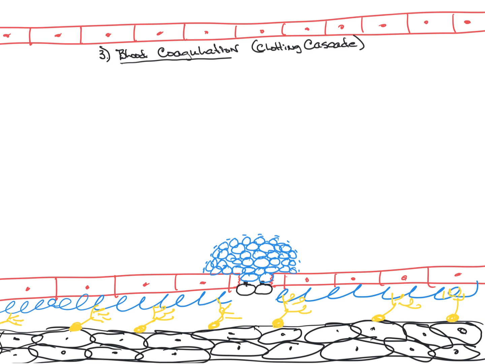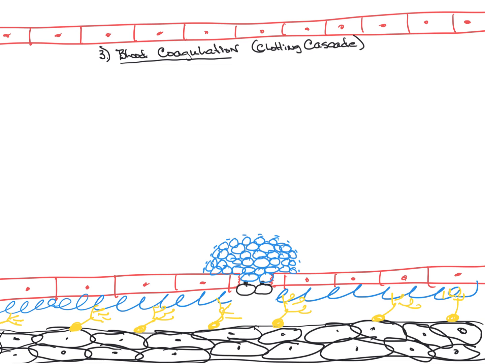So you've got factor 12, 11, 10, 9, 8, 7, 6, 5, 3, 2. All of them are normally in the system. Fibrinogen, prothrombin, all of those things are naturally just floating around within your blood, but they're in an inactive form.